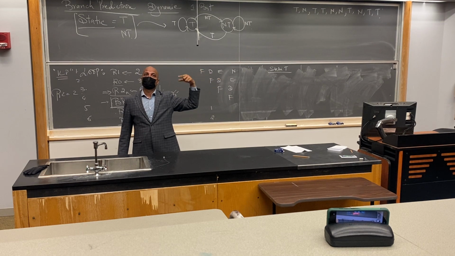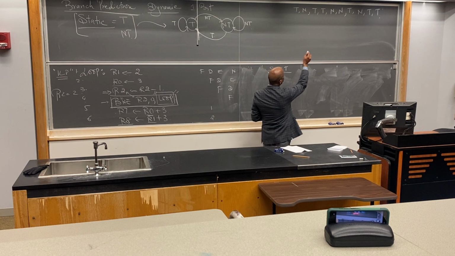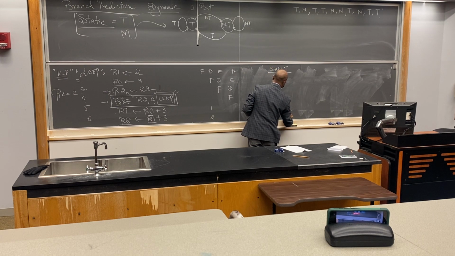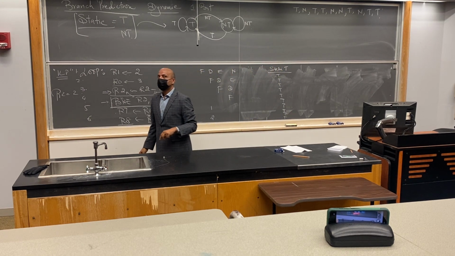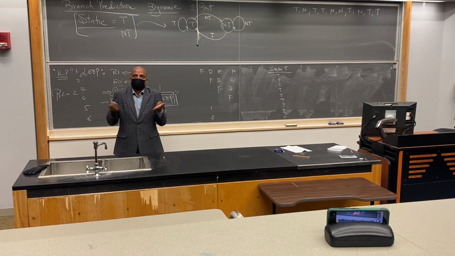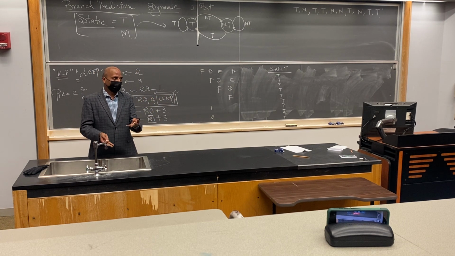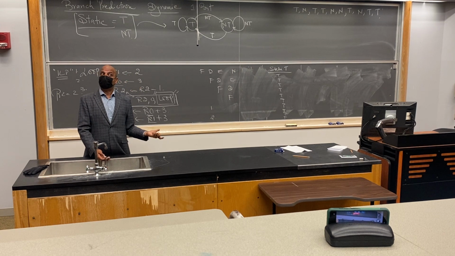This is what happened when I executed the code. 1, 2, 3, 4, 5, 6, 7, 8, 9, 10. 10 predictions. Static. It never changes. Every time I'm predicting taken. Okay? So these are the predictions for every time I hit the branch.